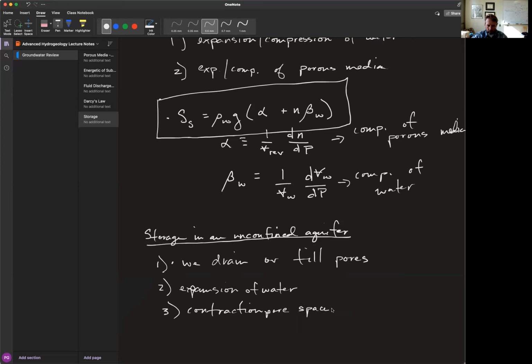And the same goes if we're adding storage, we fill pores and we compress water or expand pores.